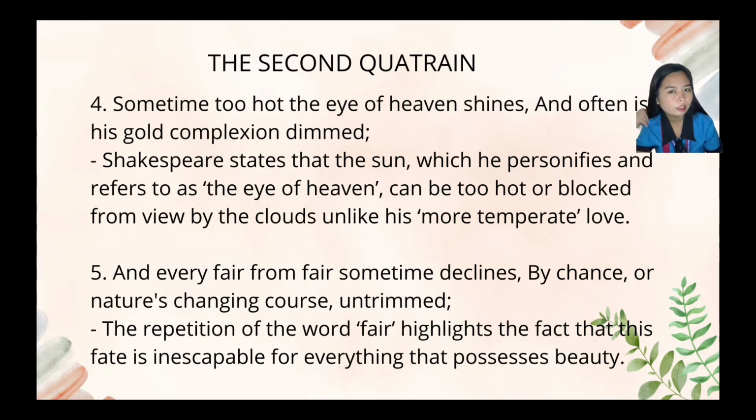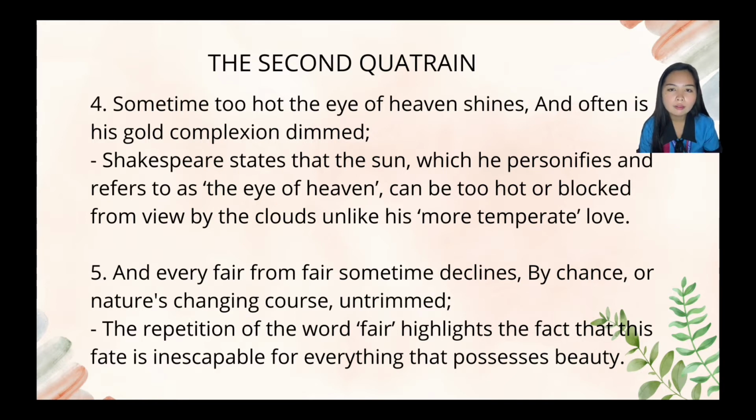Second quatrain. "Sometime too hot the eye of heaven shines, and often is his gold complexion dimmed." Shakespeare states that the sun, which he personifies and refers to as the eye of heaven, can be too hot or blocked from view by the clouds, unlike his more temperate love.